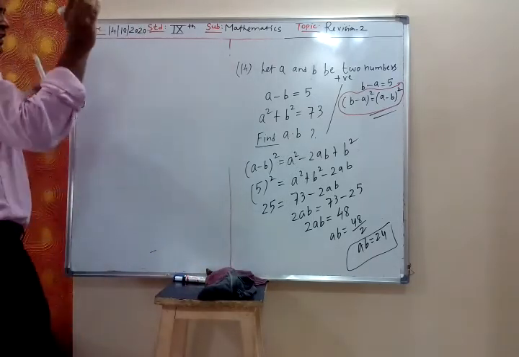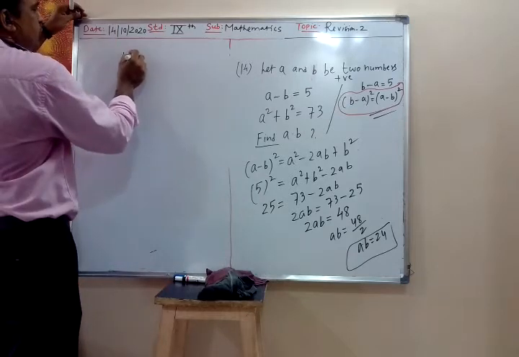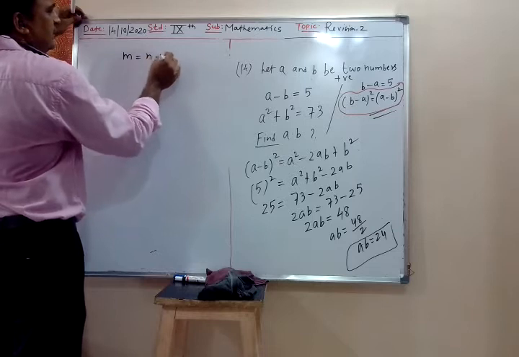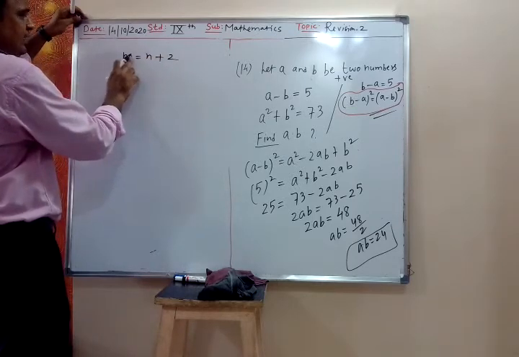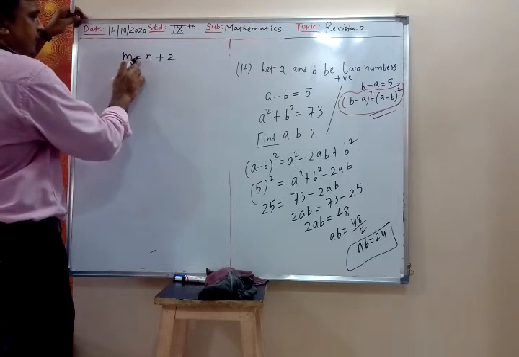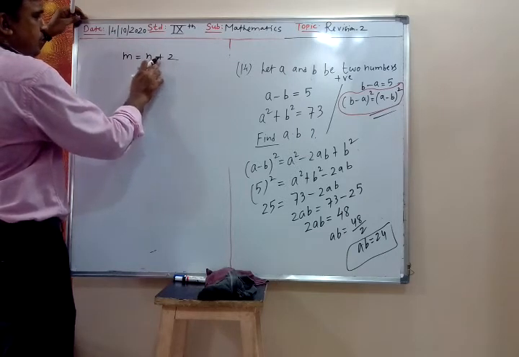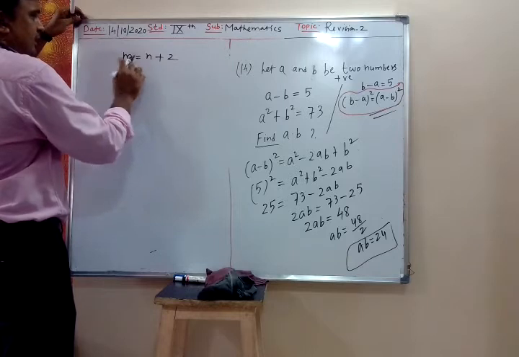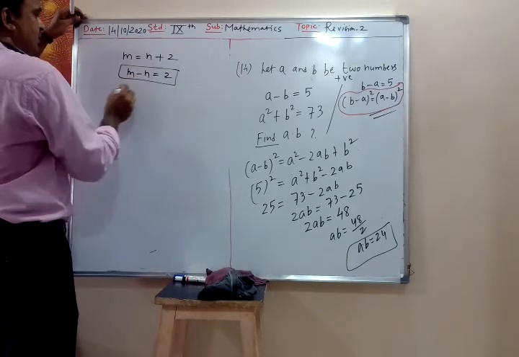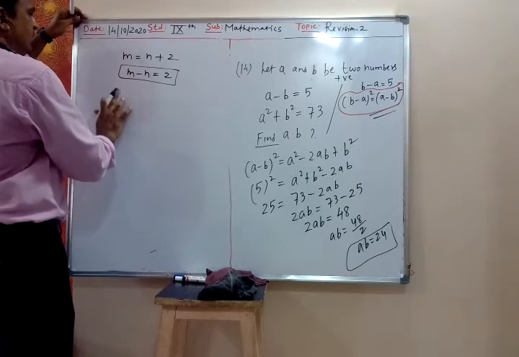See here. M is 2 more than the number n. So m will be n plus 2. The number m is means equal. 2 more means plus 2. Then the number n. So you will get m minus n is 2. Then sum of their squares is given, no?